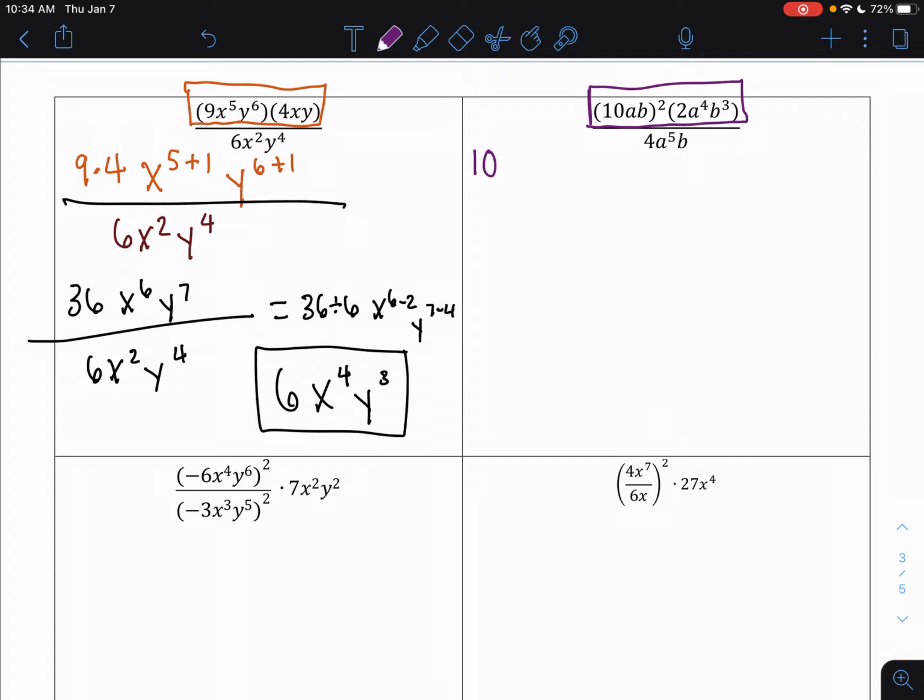So we have 10 squared times a squared times b squared. Remember, those all have an invisible 1, so it'll be 1 times 2. And we're going to multiply that. This doesn't have anything to the power up here, so we're just going to write that again, all over 4a to the 5th times b.